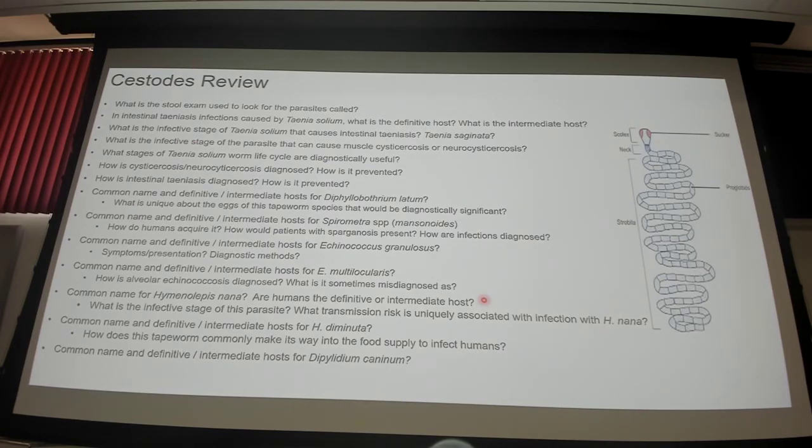So humans are what kind of hosts? Accidental hosts, correct. Yeah. How would that present in a human? Actually, we can transmit. I'm sorry. Yeah, we can transmit. How does that present if you have Dipylidium caninum in a human? Diarrheal symptoms. You have the tapeworm growing in your intestines.